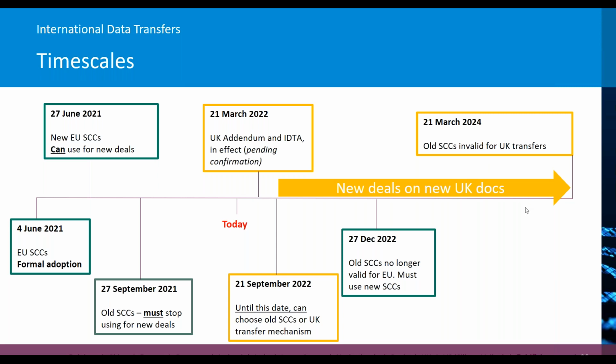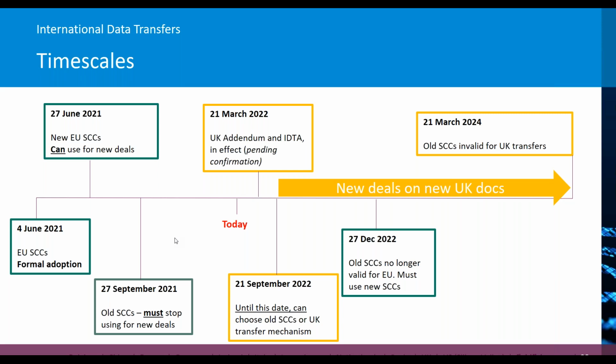So if you do have any sort of legacy templates that have old language which incorporate the old EU SCCs, they will still be valid, and you can still enter into those agreements until the 21st of September. But after that point, you need to be using the new documents for new deals.